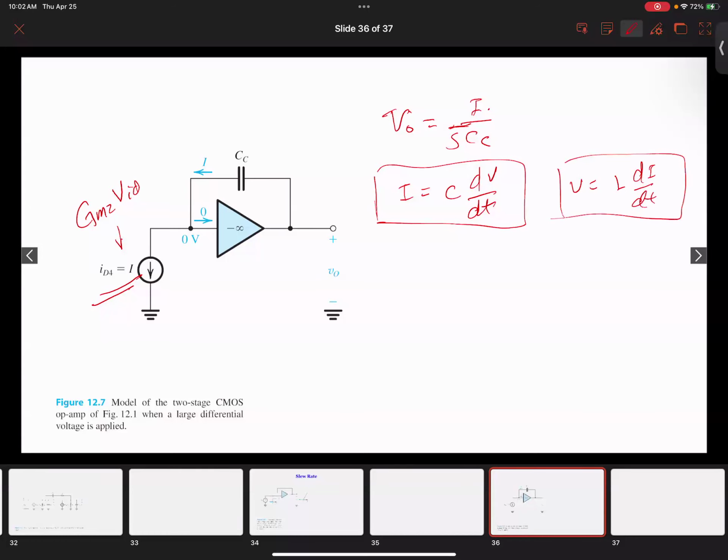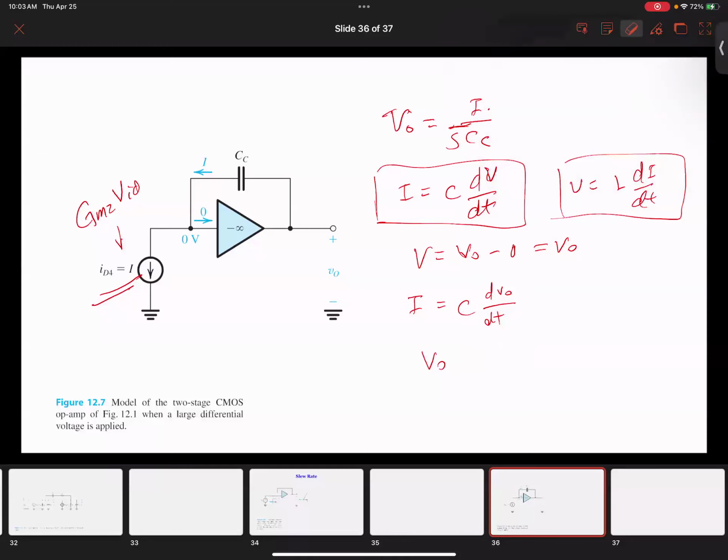So in this circuit, the voltage across C is V equals VO minus 0, which is equal to VO. So we have I equal to C dVO over dt. Further, we can integrate on both sides. Let me rewrite this in a better way.